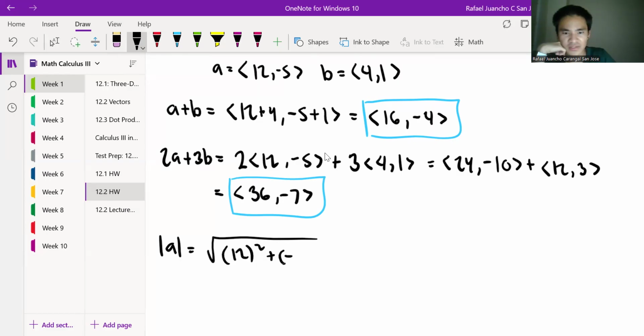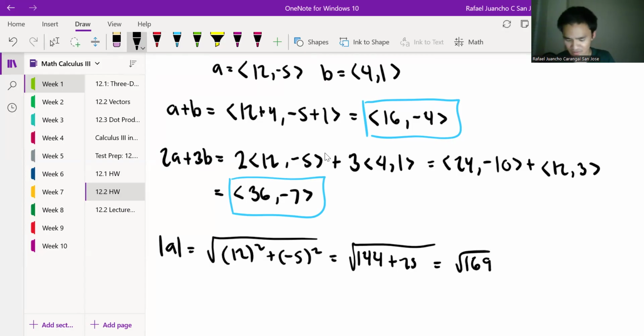So just square these two. And I get 144 plus 25, and I get 169. So square root of 169, which I think has something. Yeah, has 13 here. So that's the length of that vector.